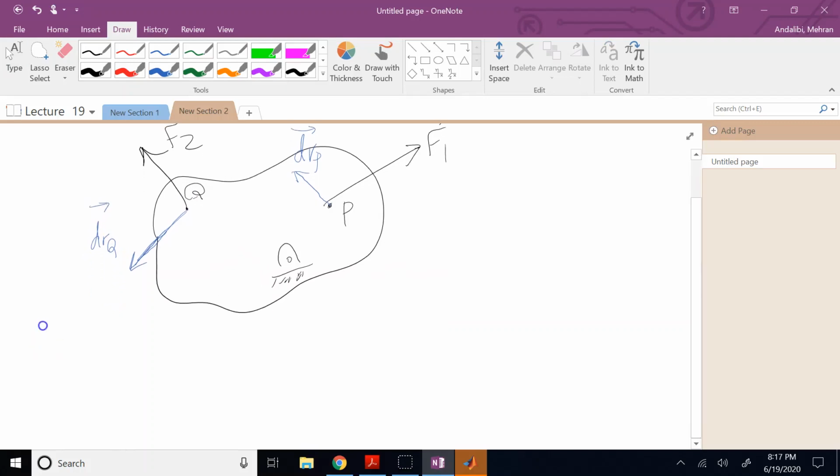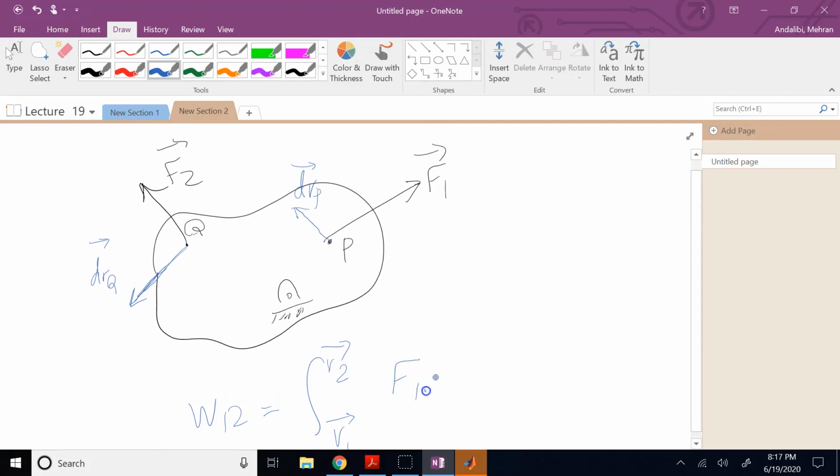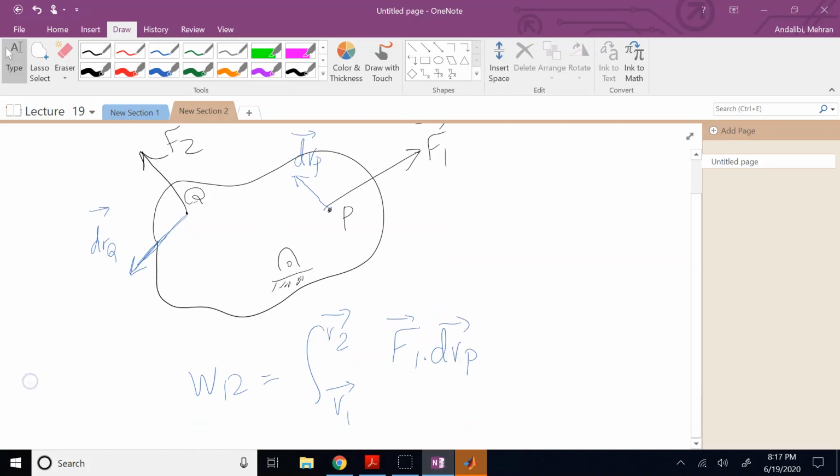So when we calculate the work, we say work is the integral from position 1 to position 2 of force F1 dot dr of P, plus the integral from r1 to r2 of force F2 dot dr of Q. And then if there was F3 applied to point C, you do F3 dot dr of C, and so forth.